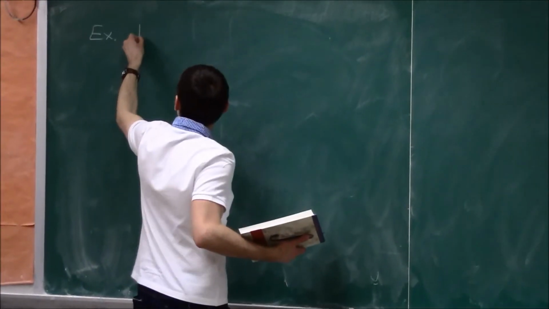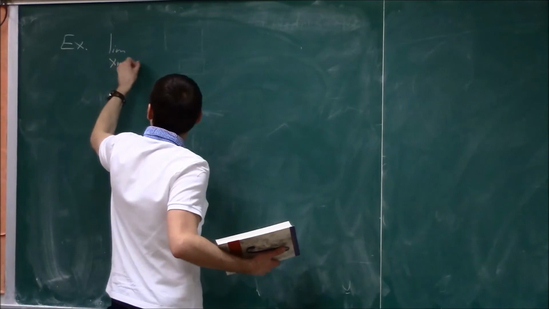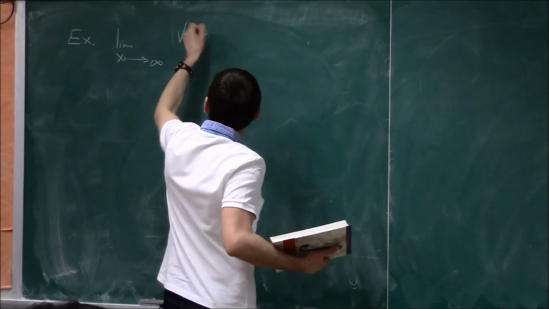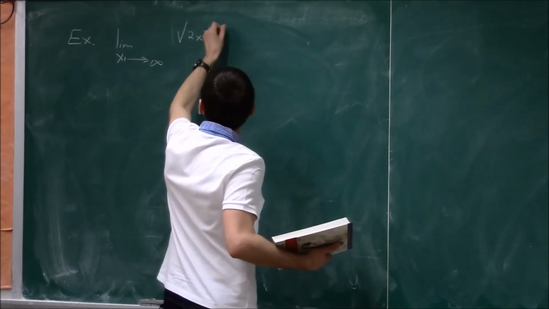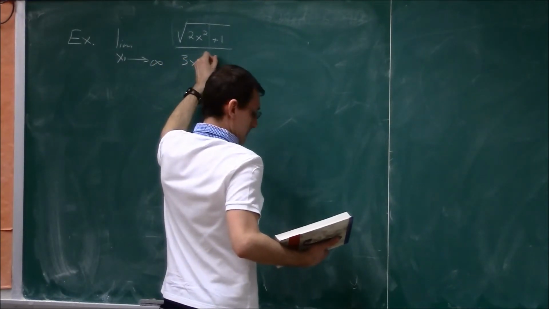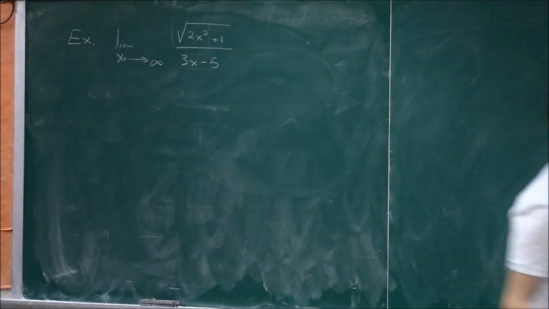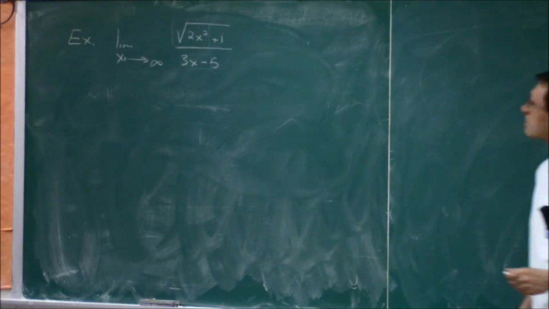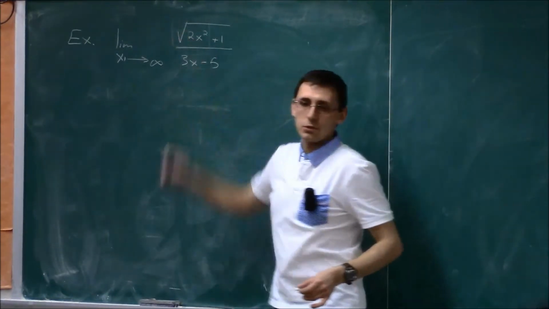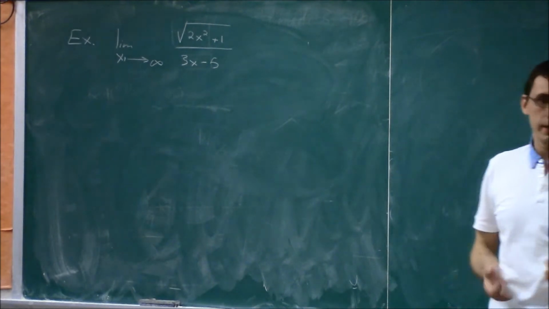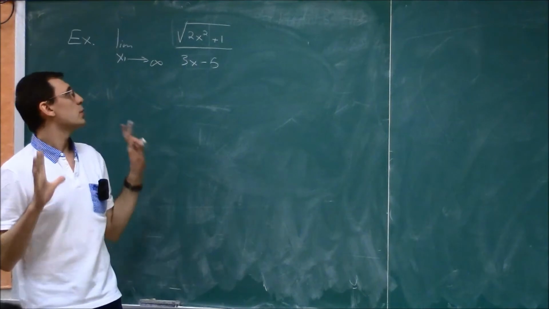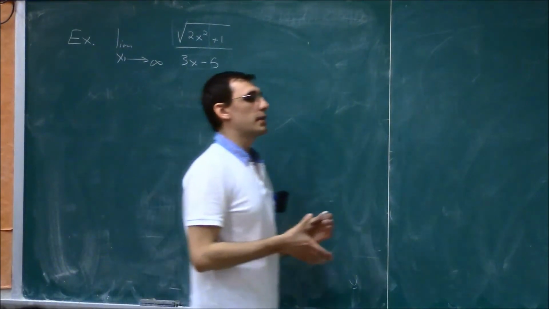So let's suppose we want to calculate the limit as x goes to infinity of root of 2x squared plus 1 divided by 3x minus 5. This no longer is a ratio of polynomials because we utilize the root. So it's one level up, slightly harder. Before you do any calculation, looking at it, do you feel what the number might be like?